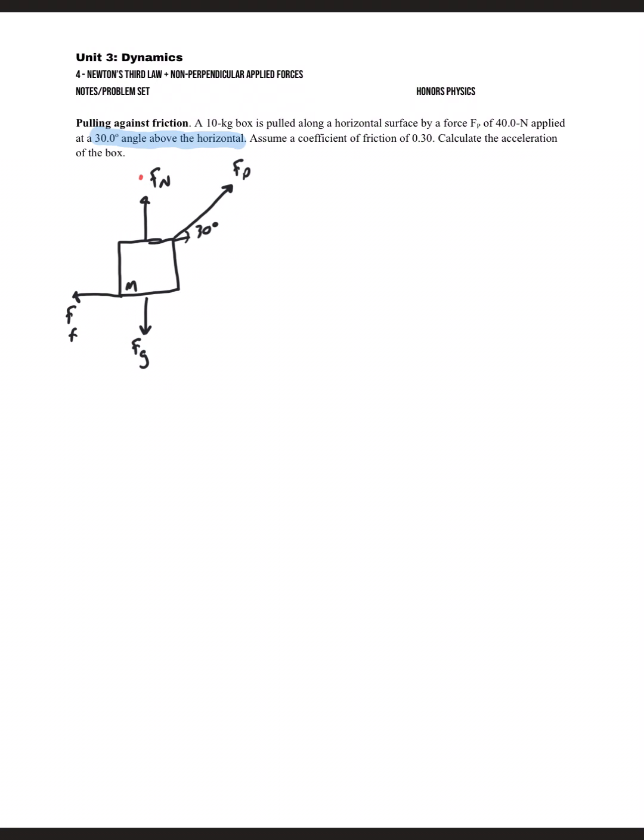One of the things we have to be sure about is we're assuming still the net force in the y direction is 0 newtons, and this is where we'll start here. Everything going up minus everything going down is equal to 0, but now we have this force acting at an angle, which means there is an FP in the x direction pointing this way, and an FP in the y direction pointing up.